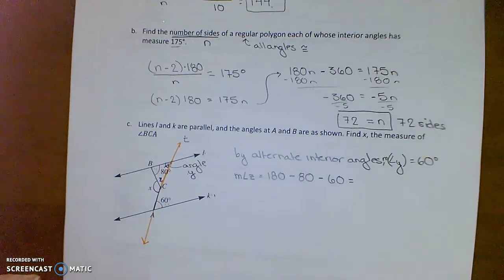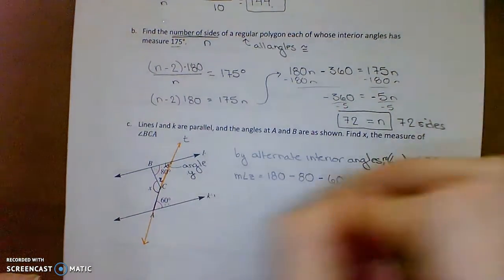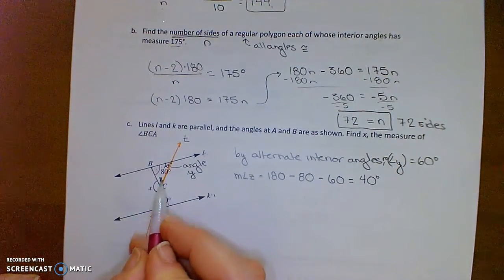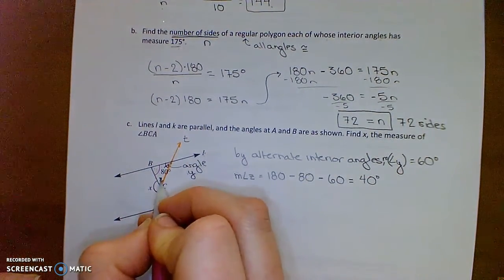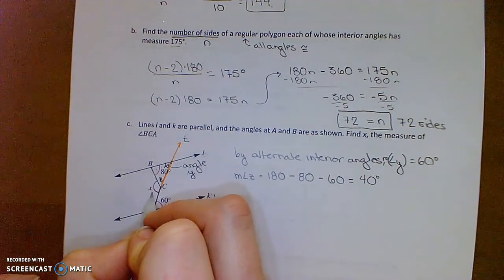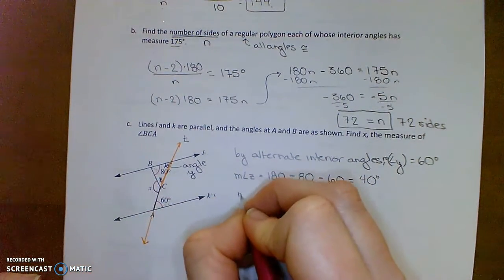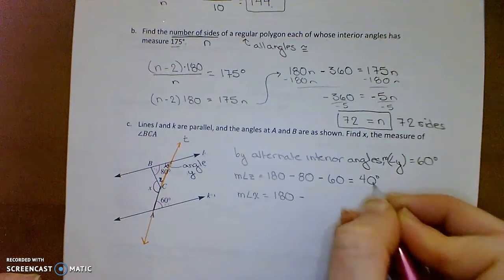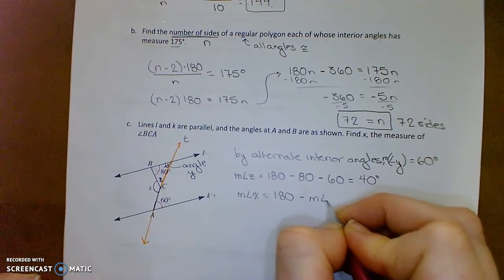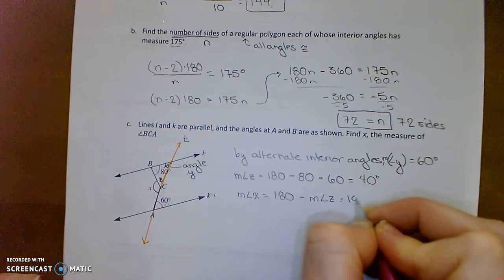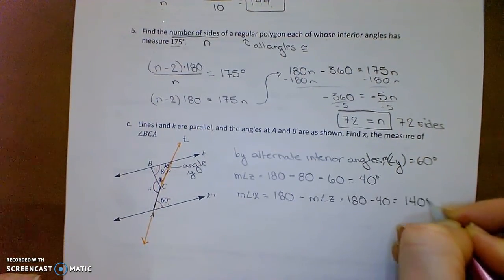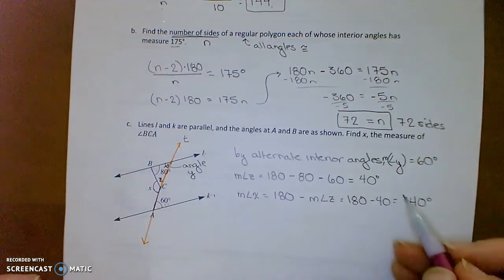So the measure of angle Z has got to be 40 degrees. And now because Z and X are supplementary, the measure of angle X has to be 180 minus the measure of angle Z. So that's 180 minus 40, or 140 degrees. And there we have it.